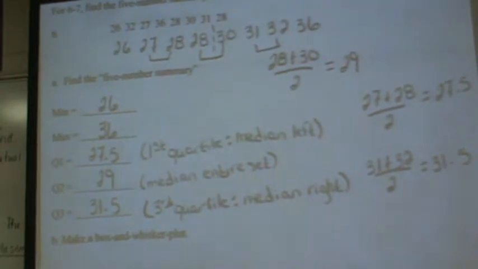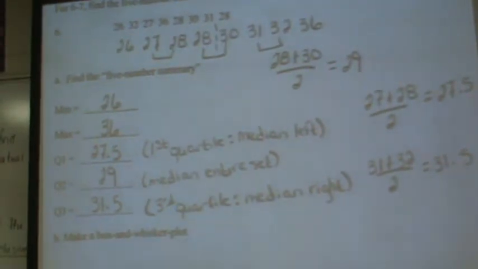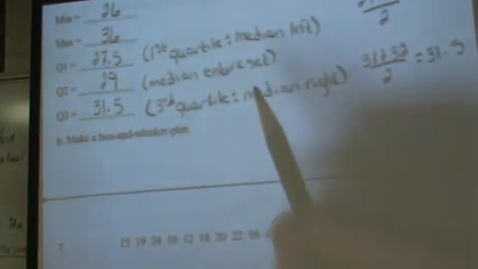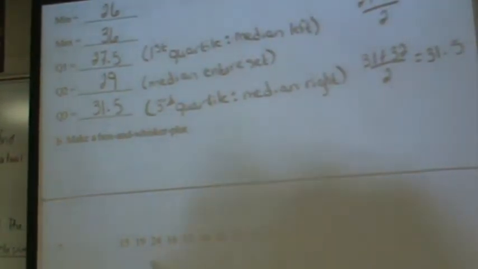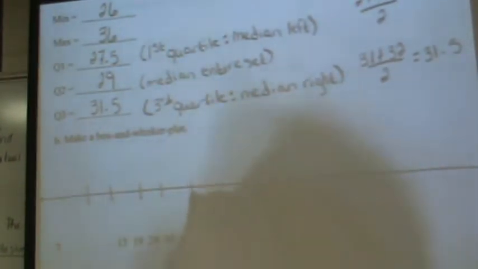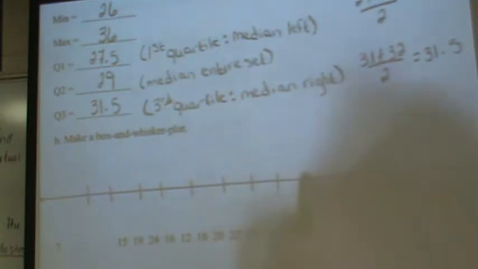Now we're going to take these 5 numbers and graph them on our box and whisker plot. So we're going to use this number line. Again, our numbers start at 26 and end at 36. So our number line doesn't have to start at 0, just so long as we have a couple points past our minimum and a couple past our maximum.